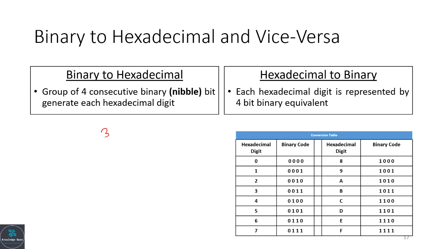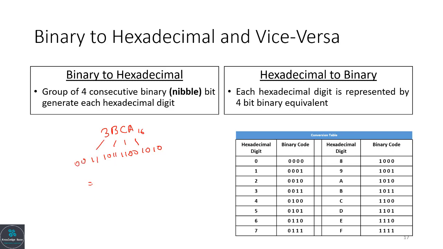Let us take another example. Suppose 3BCA in hexadecimal. A will be 1010, C will be 1100, B will be 1011, and 3 will be 0011.